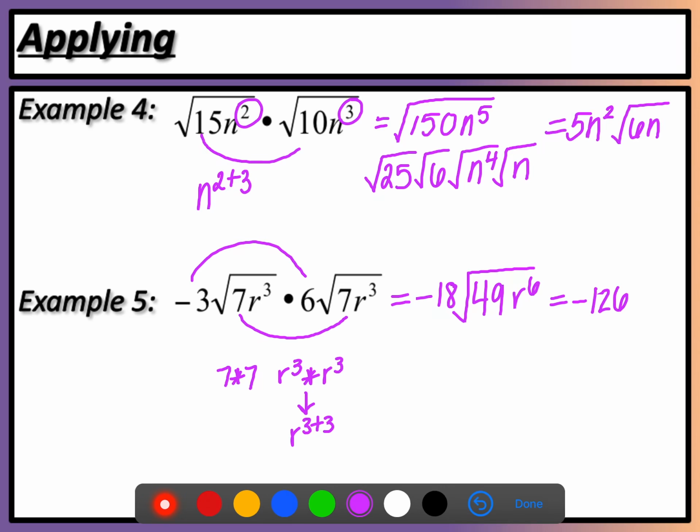And then r to the 6th, we're going to divide by 2, and that comes out as r cubed. So far not so bad. Just a radical times a radical, insides, outsides, and then simplify.